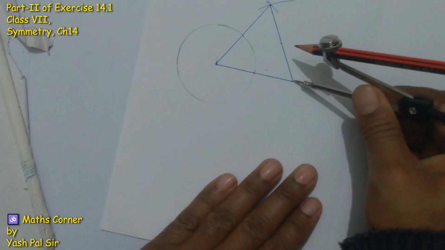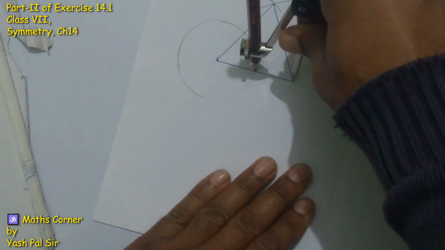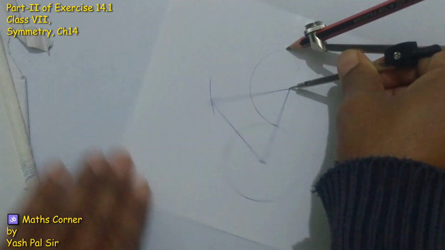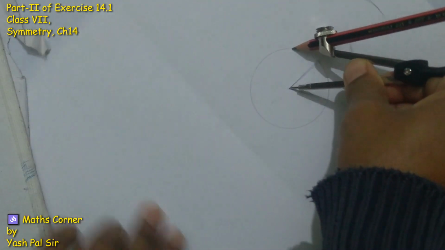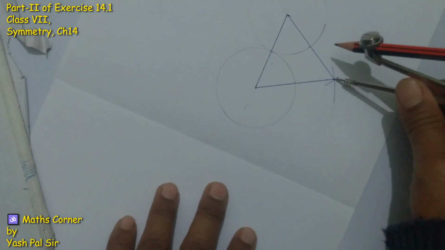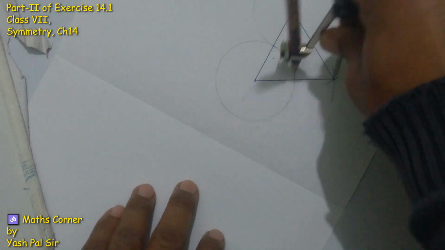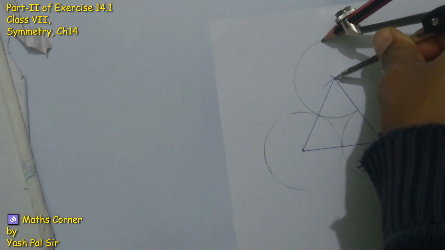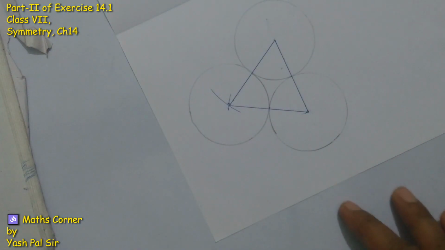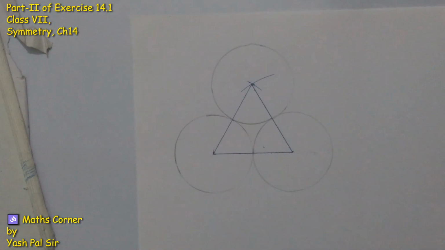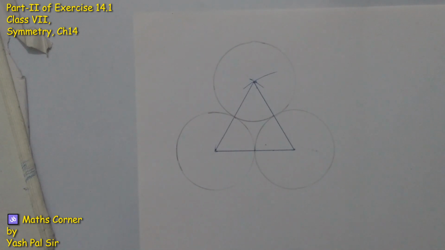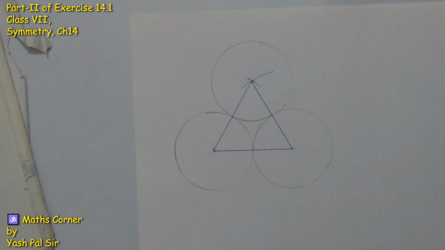First circle, this is the second circle, and this is the third circle. So this is the diagram. Now what is the question? Question is identify multiple lines of symmetry of this figure.